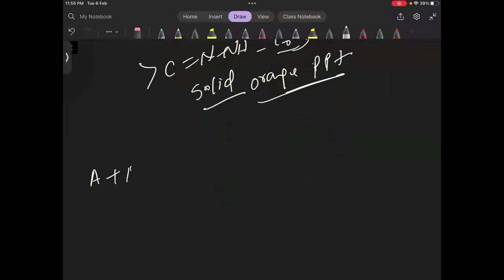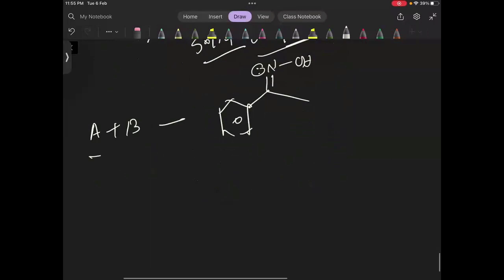A plus B you have, and the compound is formed here with the N lone pair and OH. Can you tell me what A and B are? I write the options.